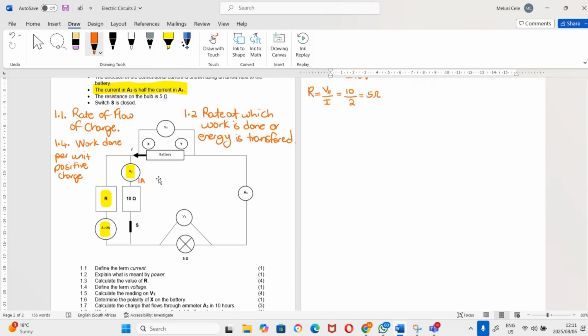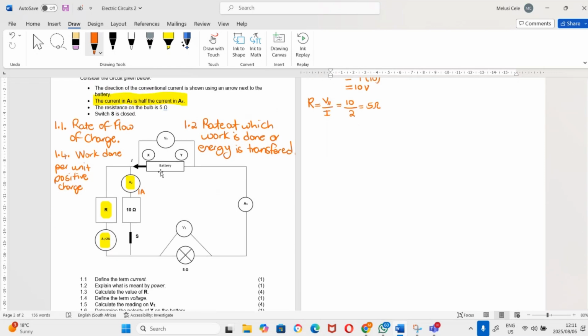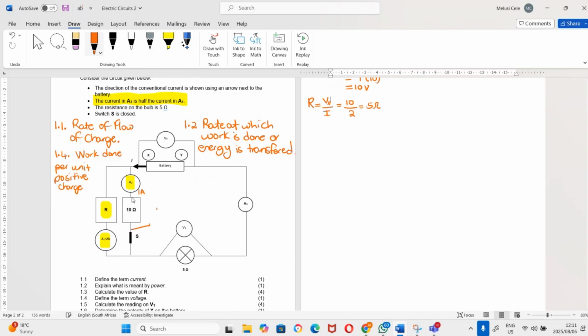All right. And then if we go to 1.5, it says calculate the reading on VT. Now we know that the value on VT would be equal to the voltage over the parallel branch, V parallel, plus the voltage on V1.